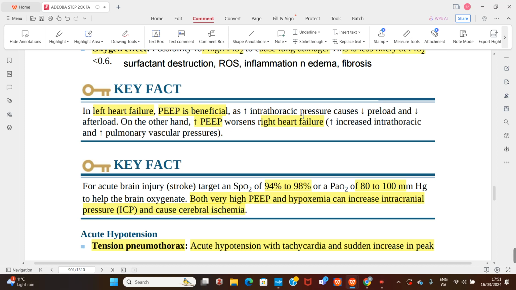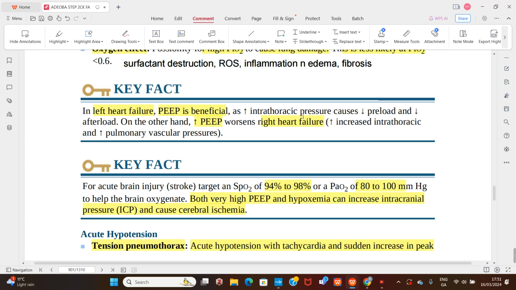So if that right heart has already failed, it cannot pump blood across the pulmonary artery, and blood is now pooling in the right atrium, in the IVC, in the SVC. With PEEP, we are further increasing the afterload in the pulmonary vasculature, and the blood will keep going back to the systemic circulation, worsening that right heart failure.